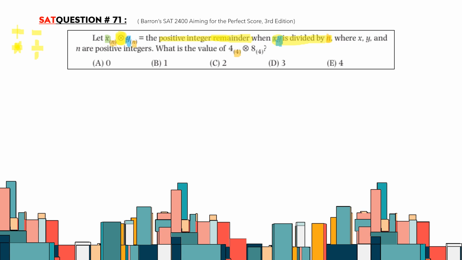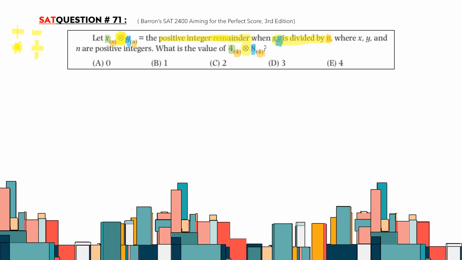So we have n here, x here, and y here. They also gave the new operation, which is what they're asking, and the whole thing we just highlighted in the first sentence is the definition of that operation.